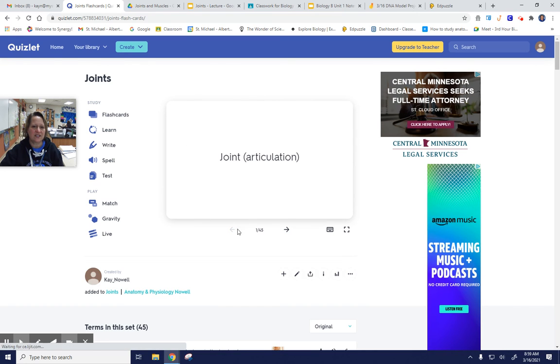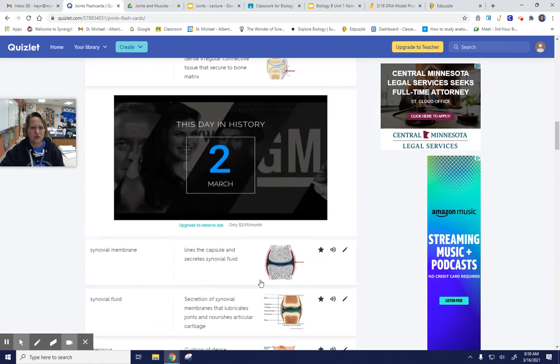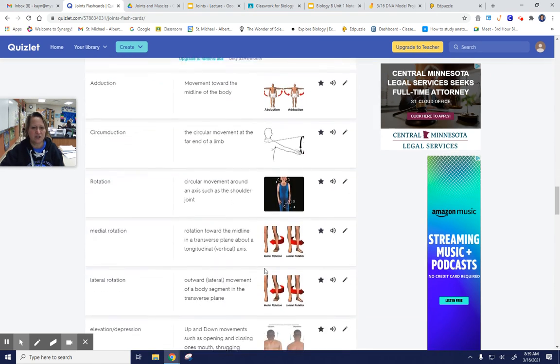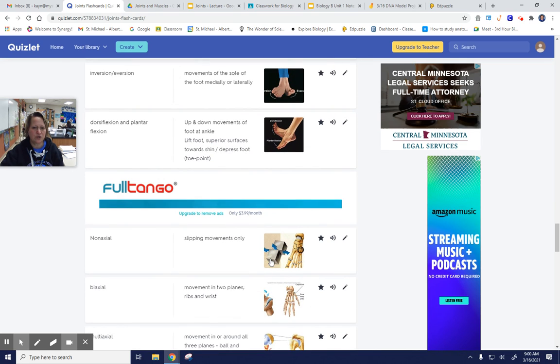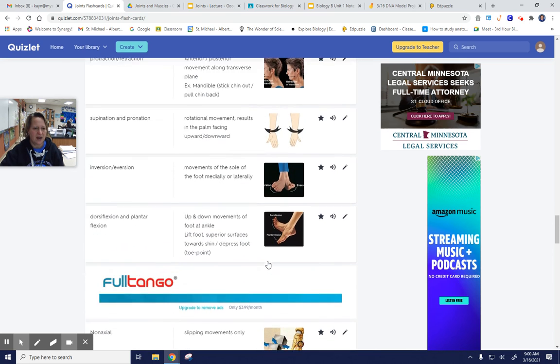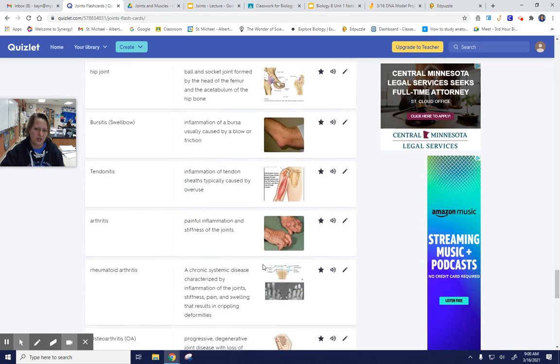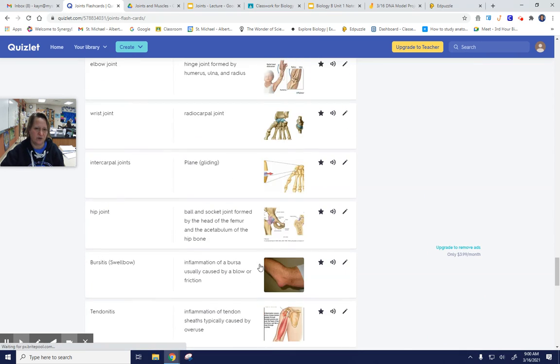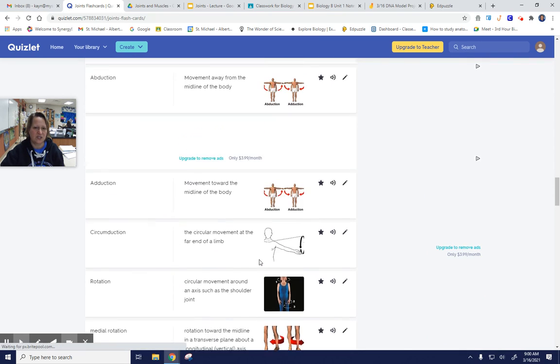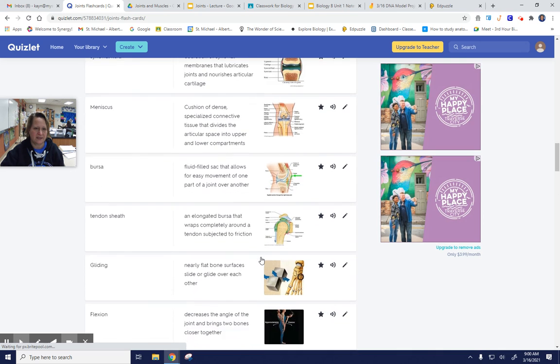I would like you to take notes on these and put them in your notebook. There's 45 of them here. They go into looking at the joints themselves, and then we start to look at abduction and adduction. You can either put them in your notes for today and then you don't have to take them for tomorrow.